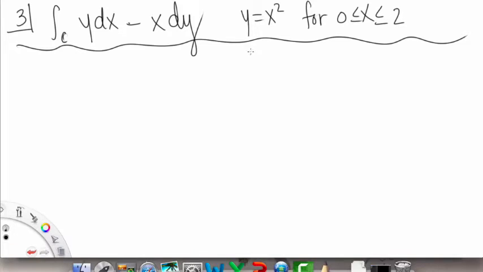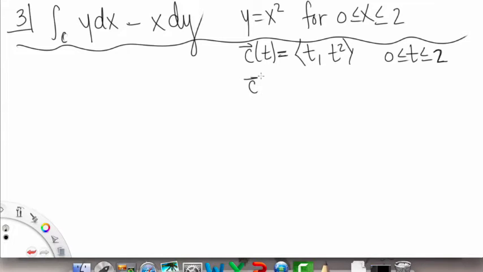So let's look at the curve first. To parameterize this curve, you make one of the variables, traditionally x, equal t. So x equals t, and therefore y has to equal t squared, if you plug that in, right? So, t and t squared, okay? And then t will go from 0 to 2 because it takes on the same values as x. We just replaced it with a variable, basically.